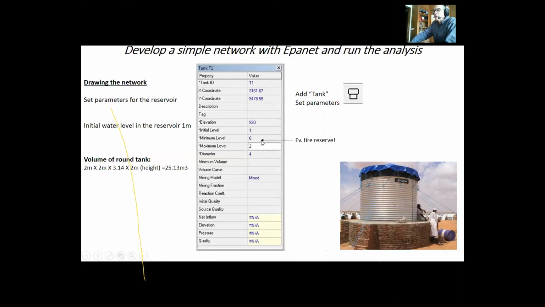And then the minimum level of the tank, of course, is 0 if you allow the tank to be emptied totally. But if you want to keep, let's say, 1 meter of water for fire extinguishing, then you keep just 1 meter. And then the diameter. The unit is meters if you are working with liters per second, but you could also have imperial units if you want. And the rest you don't need. Maybe just coordinates, again, don't take care about the coordinates of the tank.